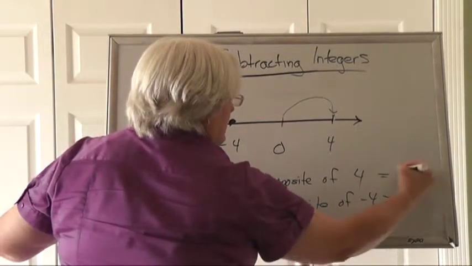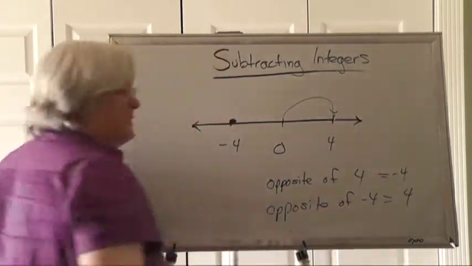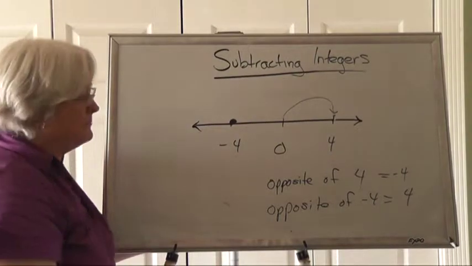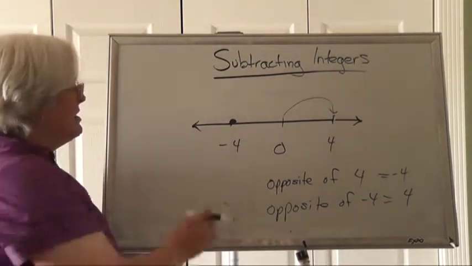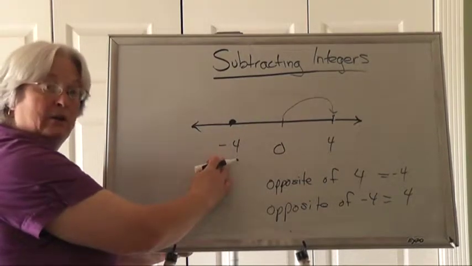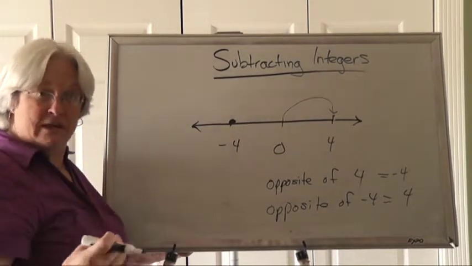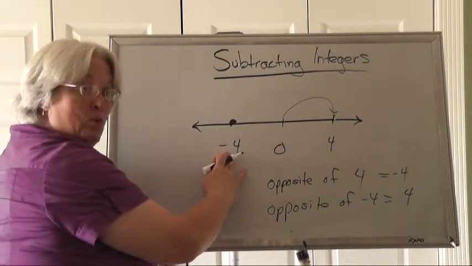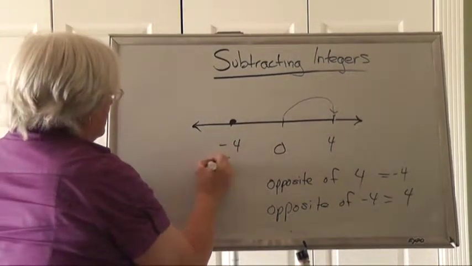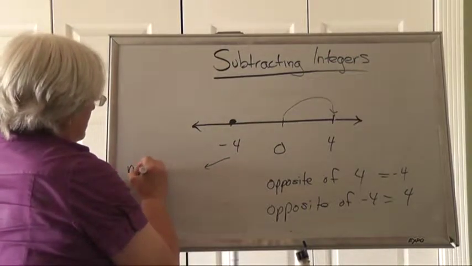So the opposite of a positive 4 is a negative 4. The opposite of negative 4 is a positive 4. And you'll find that this minus sign here is pronounced several different ways. You can say that's a minus 4, it's a negative 4, or it's the opposite of 4.